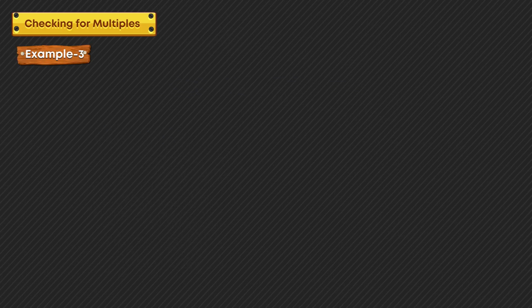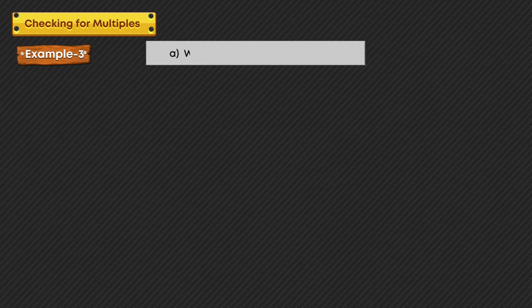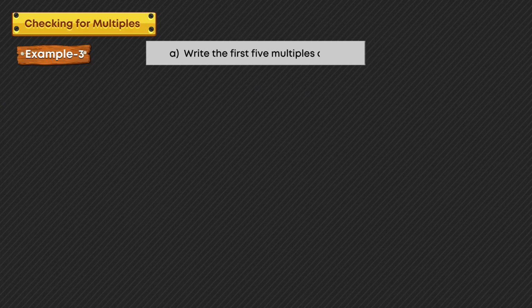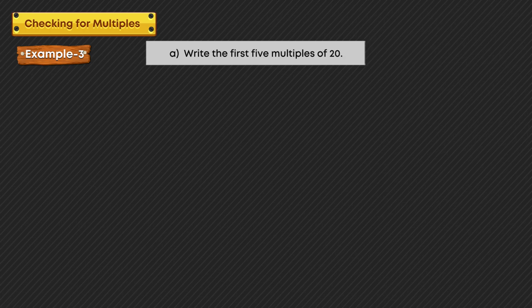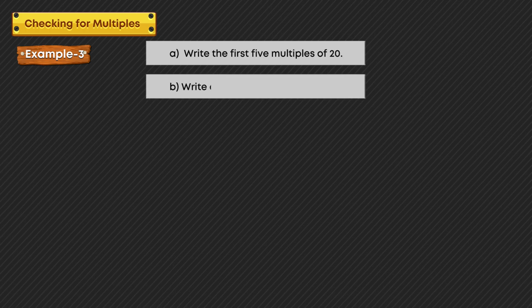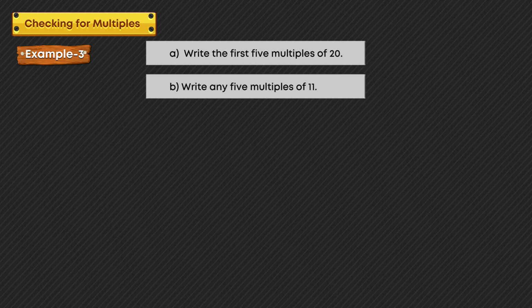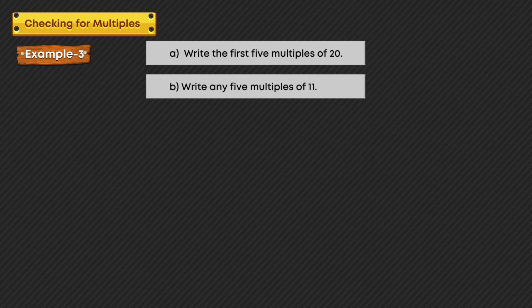Example 3. A. Write the first 5 multiples of 20. B. Write any 5 multiples of 11. Solution.